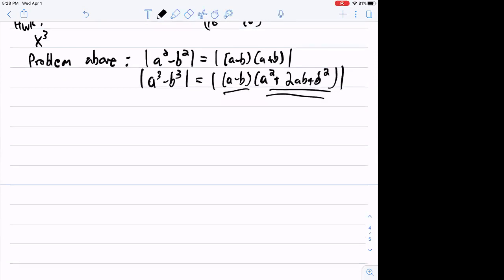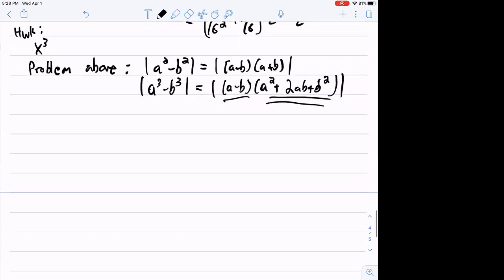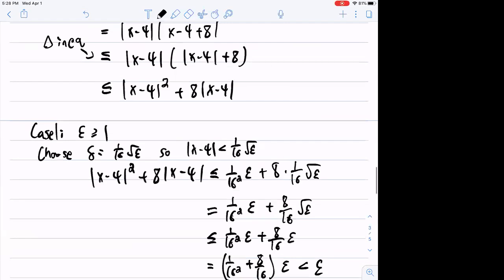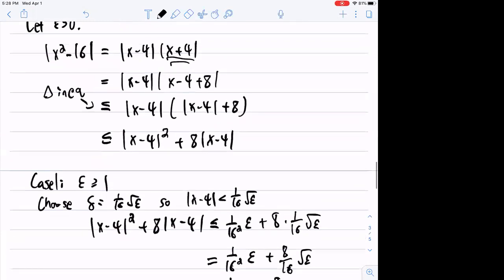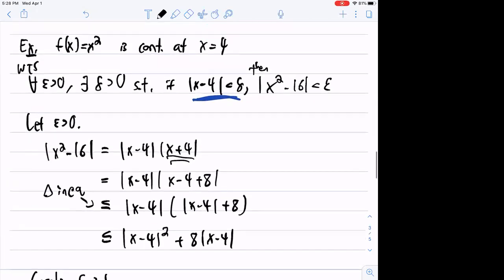Sorry, I have a question. Sure. For the example you just talked about, x squared, can we just let delta be the minimum of 1 and epsilon over 9, and just do it from there instead of doing two cases? Let me see.